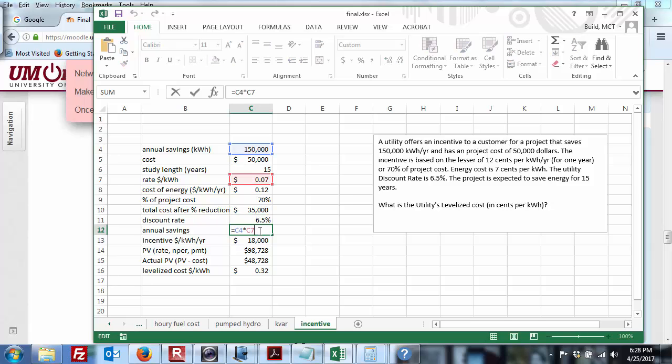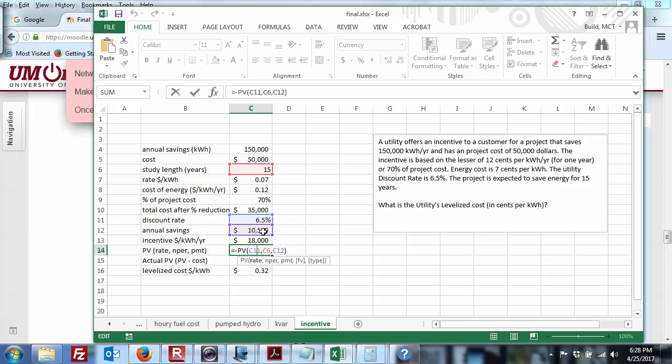So I had an annual savings in dollars of the rate, which is 7 cents times the energy. So you're going to save that many dollars per year. This guy is the incentive, 12 cents per kilowatt per year, that's the incentive. And this is where it gets a little tricky. I was trying to figure out the present value.